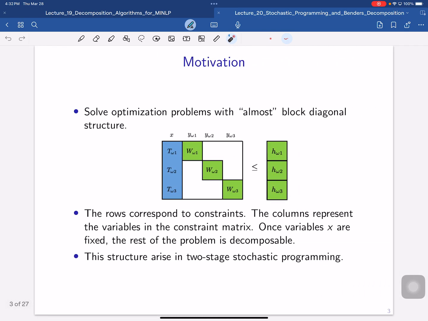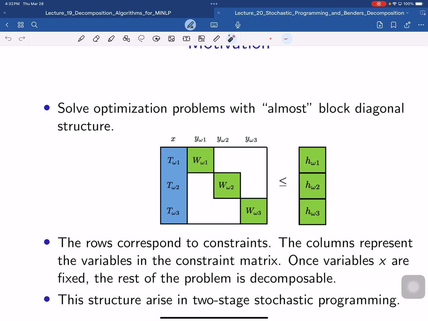The motivation of doing Benders decomposition is the following. There are some optimization problems where we have an almost block diagonal structure. Here, I'm showing a particular class of optimization problems where I'm just writing down the constraints of this optimization problem in a figure, where you have some x variables, right?